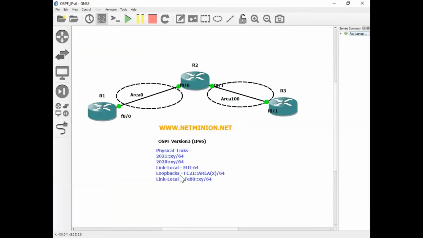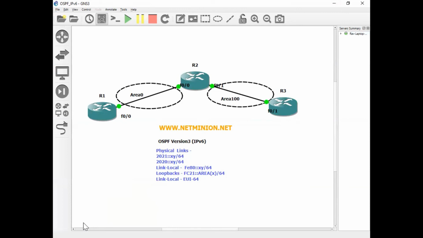So maybe next time, link local should be like that, so that we should be aware what is the step. Maybe you guys can take a snapshot of this particular lab, and you can just create your own lab.